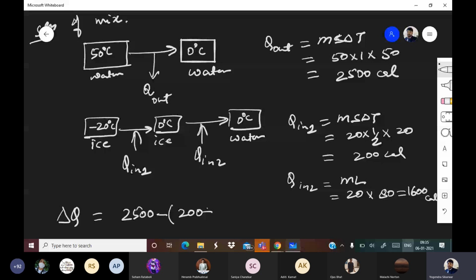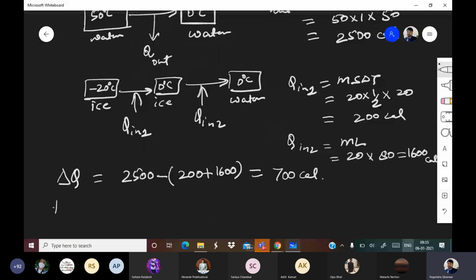So still we are left with 700 calories. And in the mixture, total mass of water is 50 plus 20, which is 70 gram.